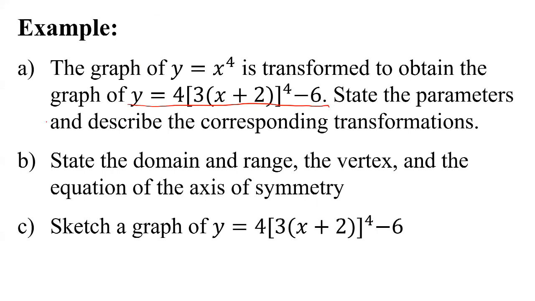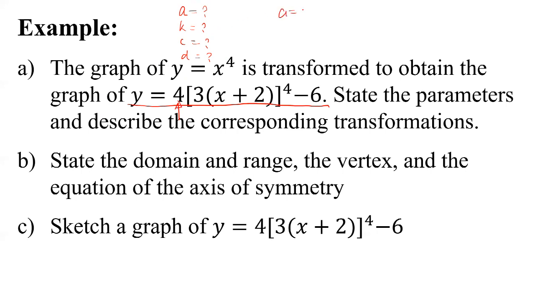First, state the parameters that correspond to the transformation. So there are 4 parameters, right? What are your a, k, c, and d, right? And how do these parameters correspond to our transformation? So this is our a, right?